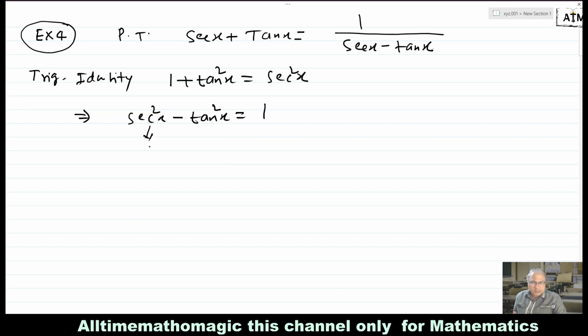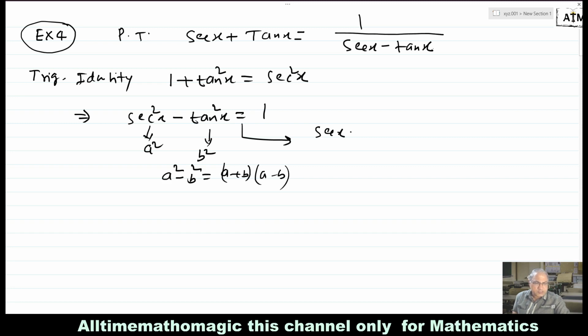After that, this is a square and this is b square. So a square minus b square equals a plus b into a minus b. Therefore, this becomes sec x plus tan x multiplied by sec x minus tan x equals 1.